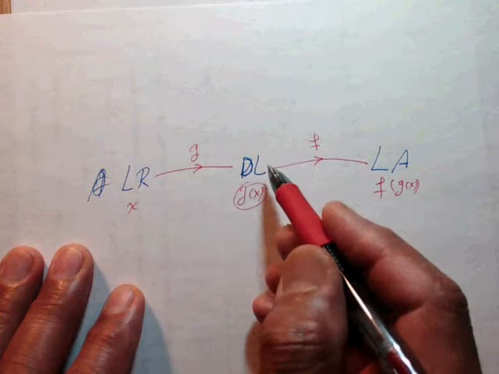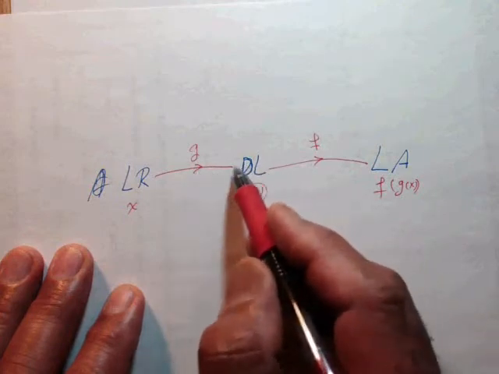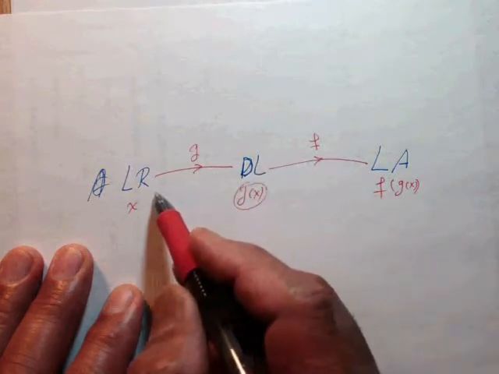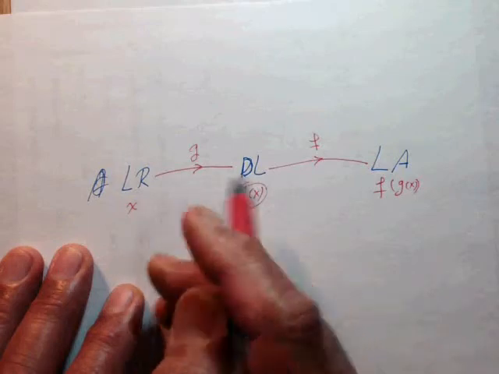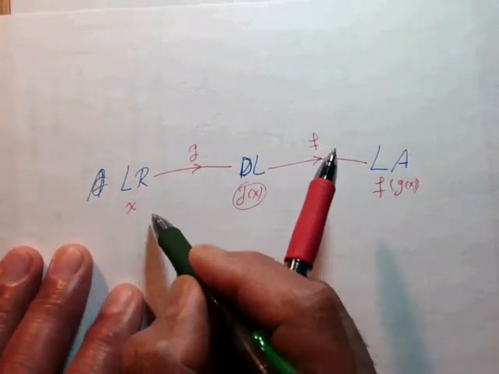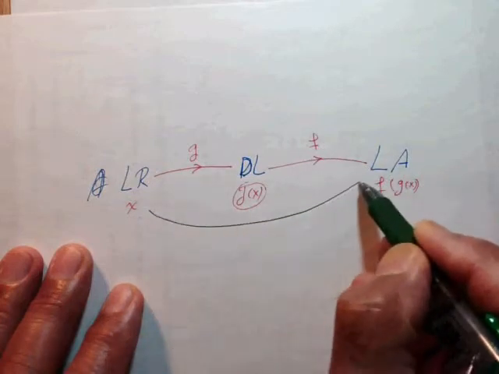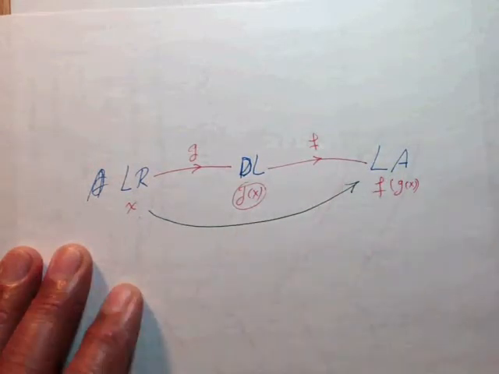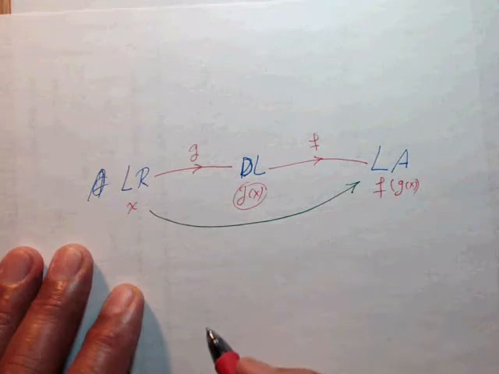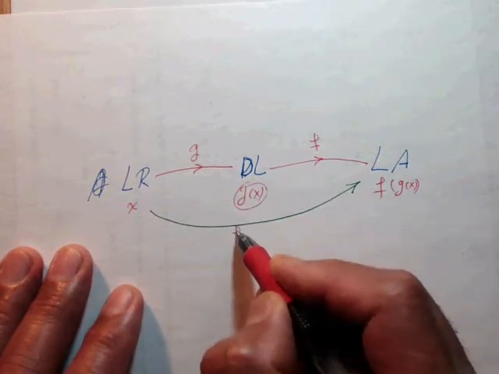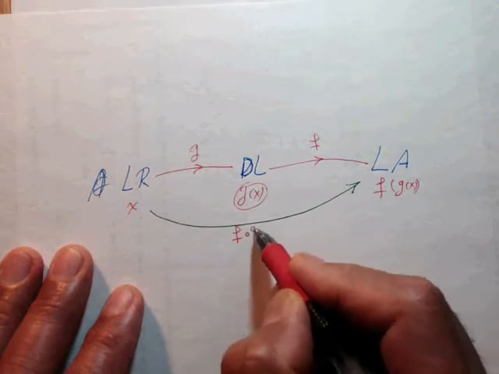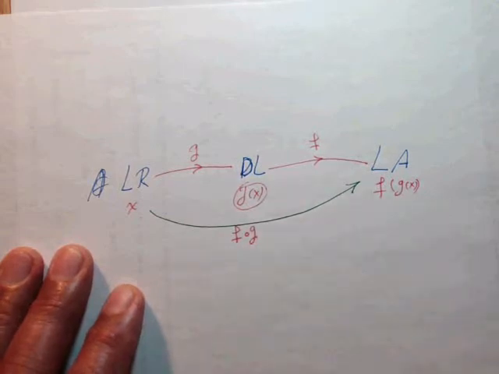This is kind of silly that we have to do 2 flights. So somebody says, I think there is a new airline that goes directly from Little Rock to Los Angeles. That would be nice. And then you say, what is the name of that? The name of that is F circle G. That's the name of this new airline.